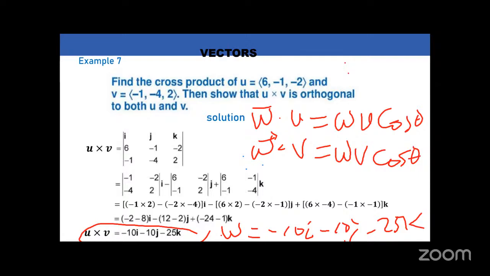So when you set it up this way, what we are expected to do is to find theta in both setups. If theta is 90 degrees, then it means that they are orthogonal. If it is not 90 degrees, they are not orthogonal. So W is minus 10I minus 10J minus 25K.